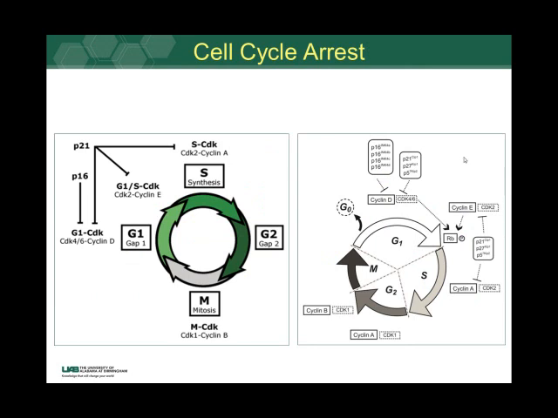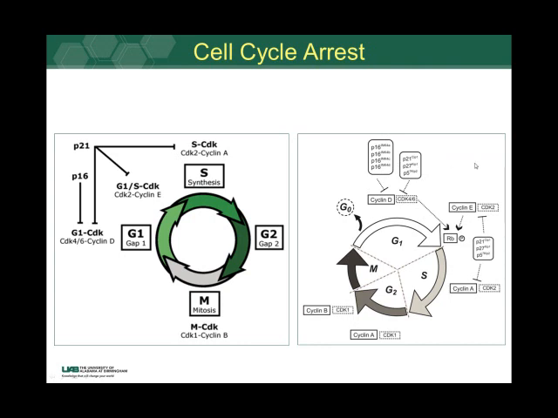So, how is the cell cycle arrested then? Well, you remember the cyclin-dependent kinases are required for the cell to go from one stage or one phase to the next. Now, in the presence of high concentration of p53, p53 begins to act as a transcription factor to turn on the expression of a number of genes, and some of these genes, p16, p21, p15, and p27, are all cyclin-dependent kinase inhibitors.